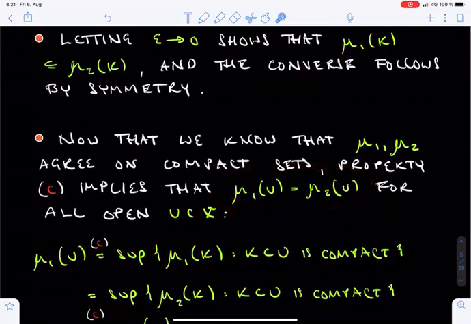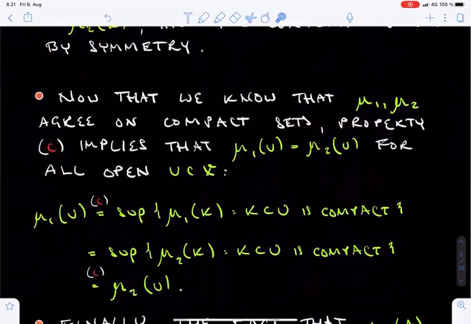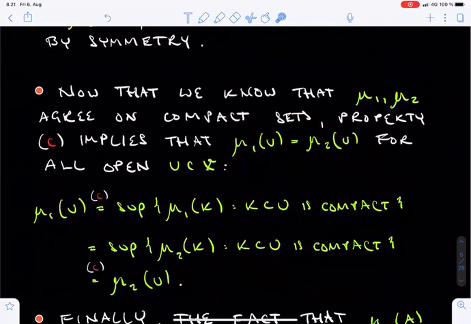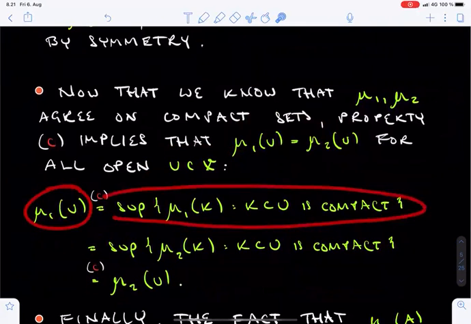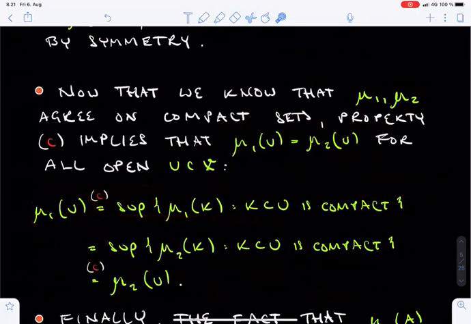This is clear from the property C. If U is any open subset of X, then the mu1 measure of U equals the supremum of the mu1 measures of compact sets K contained in U. But we have just shown before that this supremum is the same for mu1 and mu2. Hence, by applying the inner regularity once more, we see that mu1 and mu2 agree on open sets.